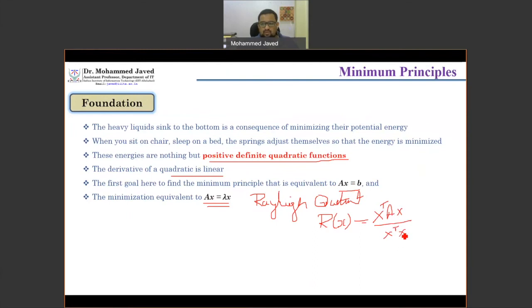Here I am searching for the lambda value. What is that lambda that minimizes this R of x?